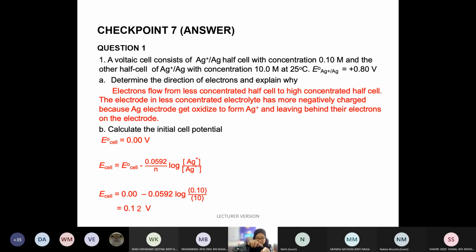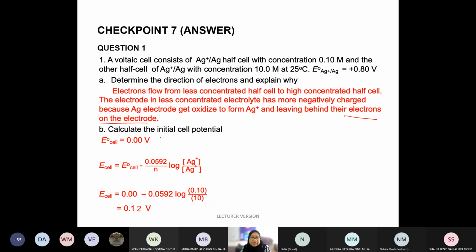This electron will move through the wire to the cathode electrode, and then the electron will be accepted by Ag plus. When Ag plus accepts the electron, it becomes solid Ag, an Ag atom. But the question asks how the electron moves from the anode to the cathode, so we stop there.